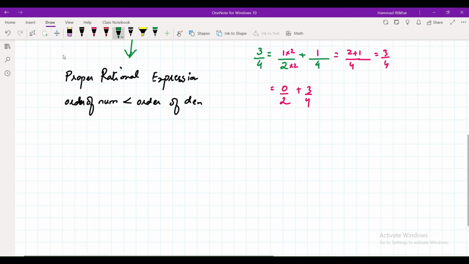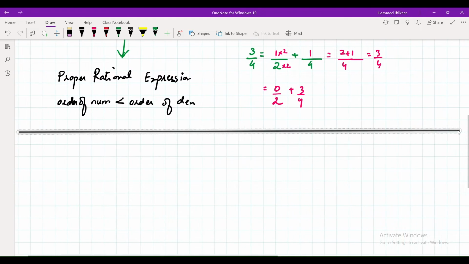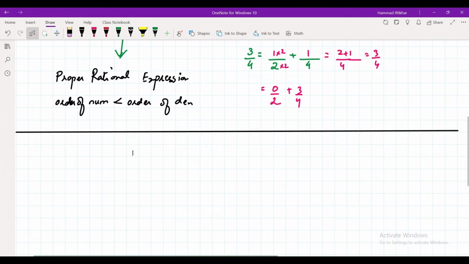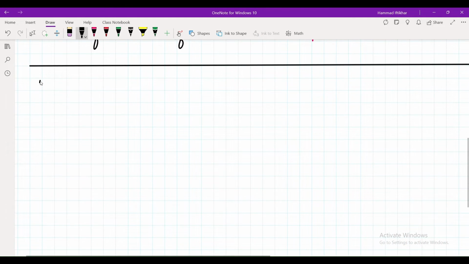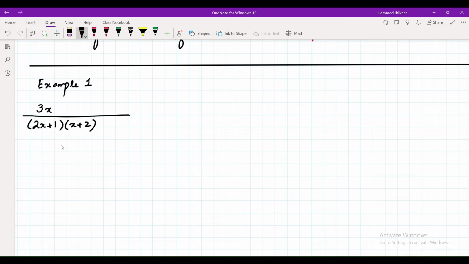So for example, let's say we are given 3x over (2x plus 1)(x plus 2).